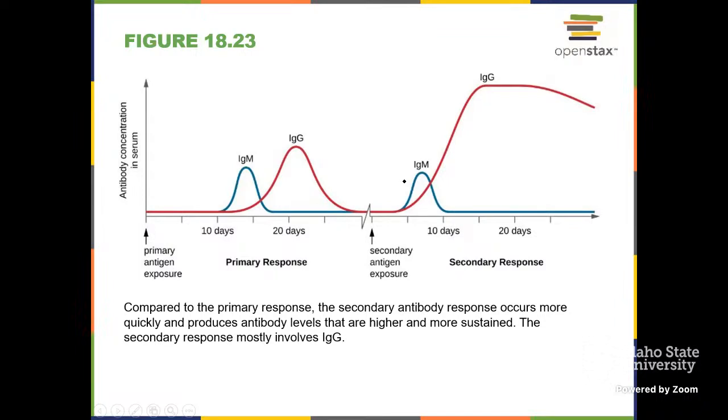So similar, but a little bit different as our starting figure. And this provides quite a bit more detail as we're really looking at what's happening with different types of antibodies, right? So we do have on our x-axis a time frame, right?